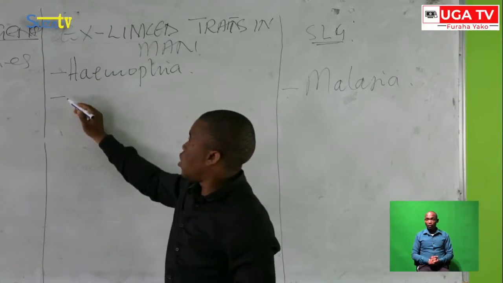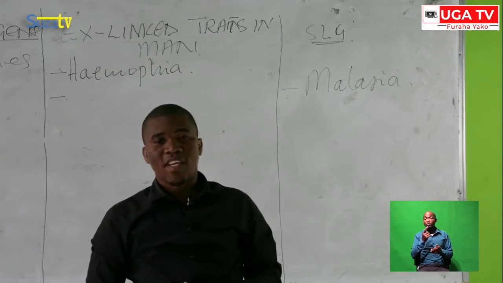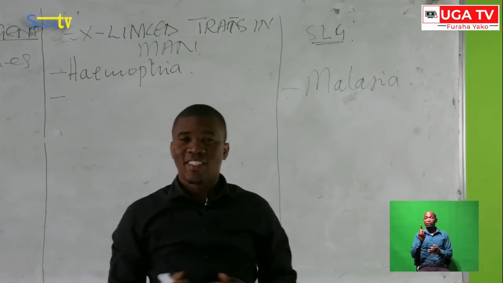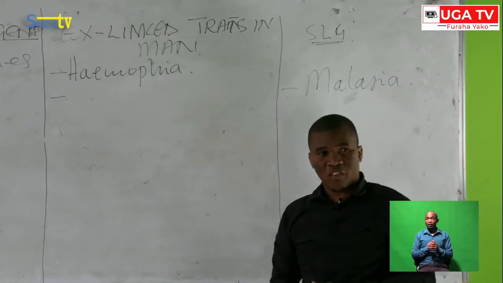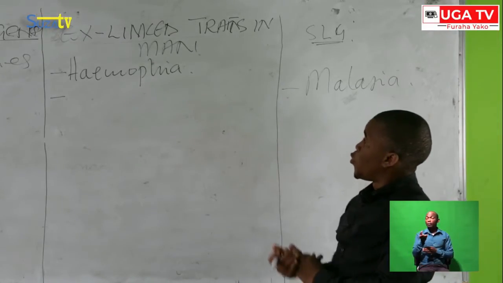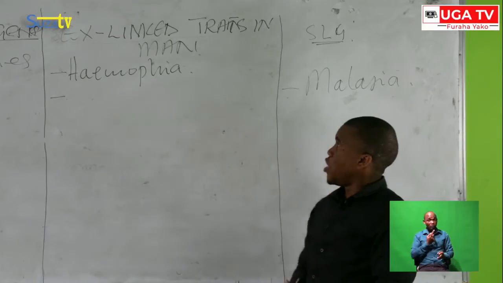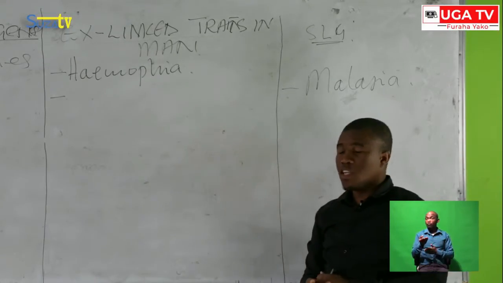Good. Hemophilia is a good example of sex-linked traits or sex-linked characters. And the second one, Zuena, can you try, please? Yes, don't feel shy. Okay, good. Zuena tried her best. Clap one for Zuena. She tried her best to mention an example of sex-linked traits in man.